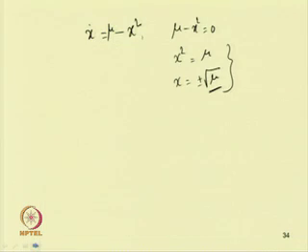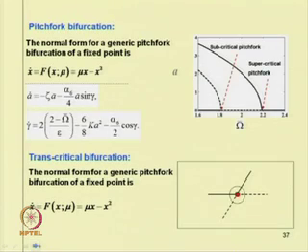Similarly, one can check this pitchfork type of bifurcation. In case of pitchfork bifurcation, the normal form is mu x plus alpha x square equal to 0.